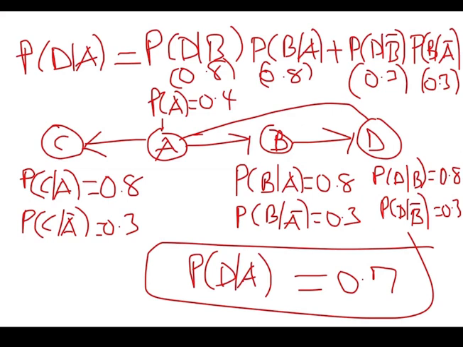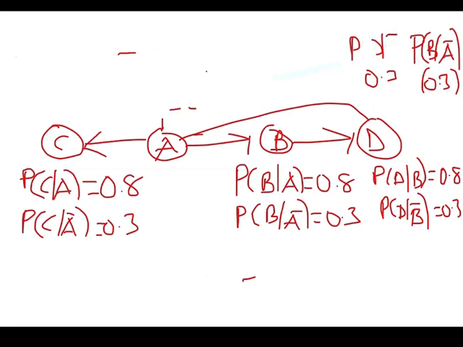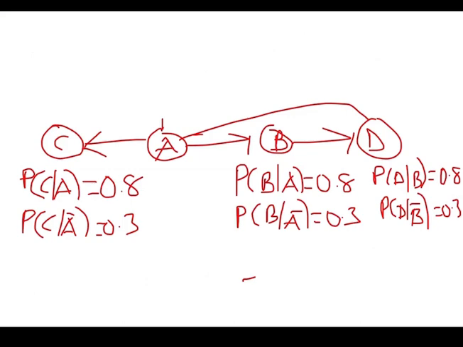Now, another question that I want to solve, with the same structure given. Can somebody tell me, for extra credit, if I want to find the probability of C, what I'm going to do?